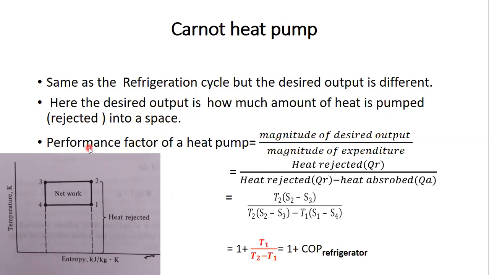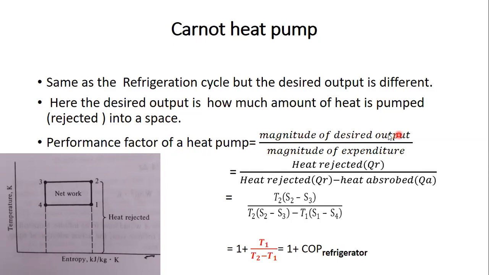So here, just like we discussed the coefficient of performance of a refrigerator, we can discuss the performance factor of a heat pump. We called the performance of a refrigerator the coefficient of performance. Here we will call the performance term of a heat pump the performance factor. So how can we define the performance factor of a heat pump?